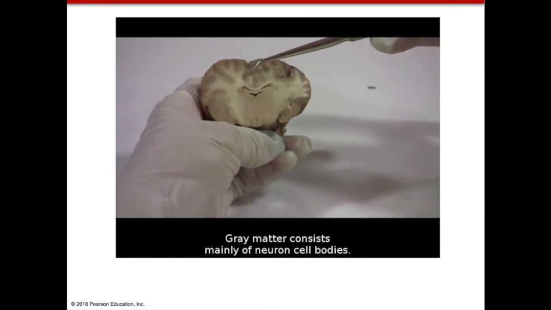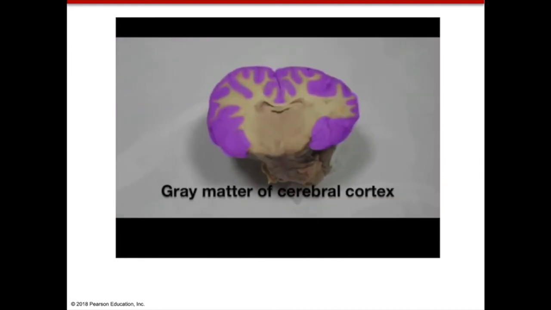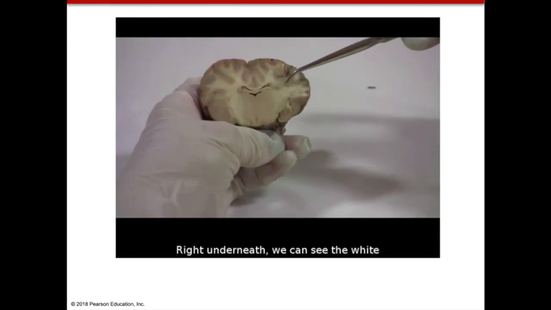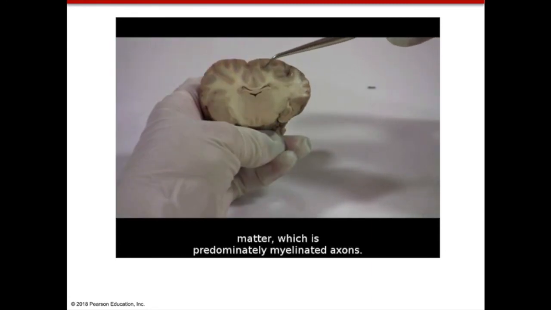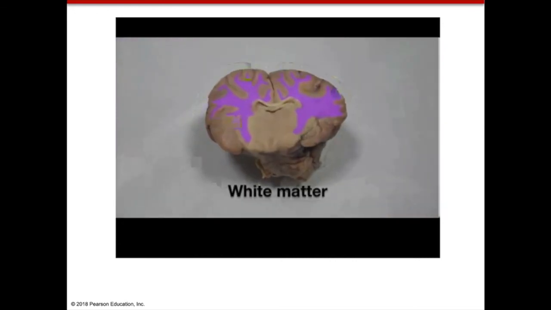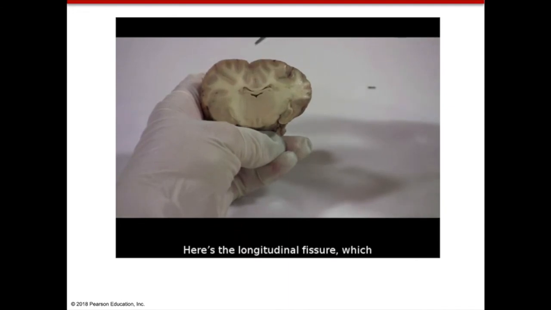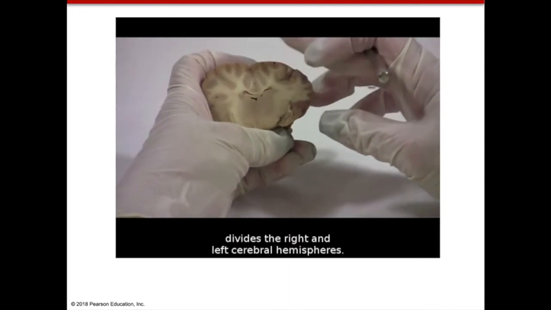Gray matter consists mainly of neuron cell bodies. Right underneath, we can see the white matter, which is predominantly myelinated axons. Here's the longitudinal fissure, which divides the right and left cerebral hemispheres.